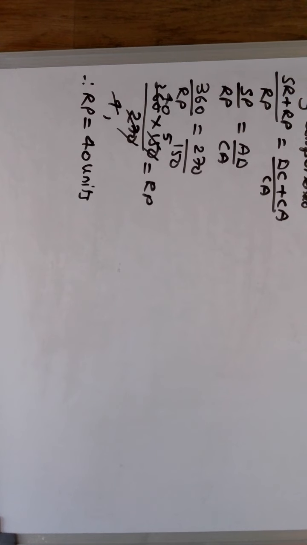If you don't want to do componendo, then you take SD parallel to RC parallel to PA. Okay? That is SD parallel to RC parallel to PA. So SR you don't have. Okay? But you have RP now. And you have DC also, and you have CA, right?